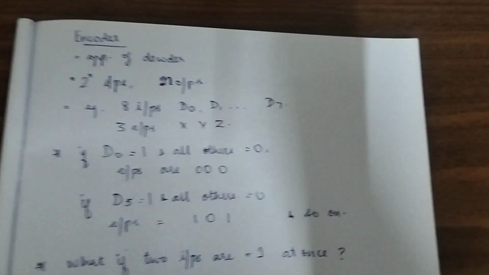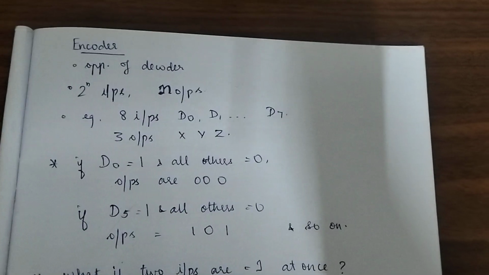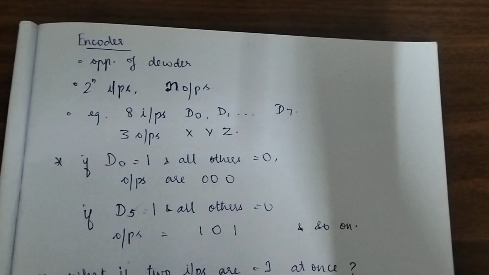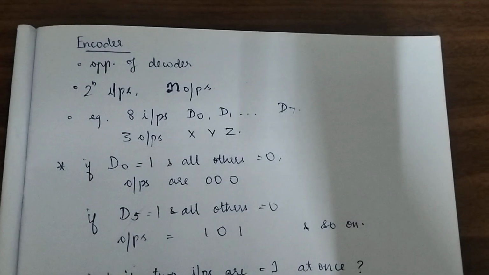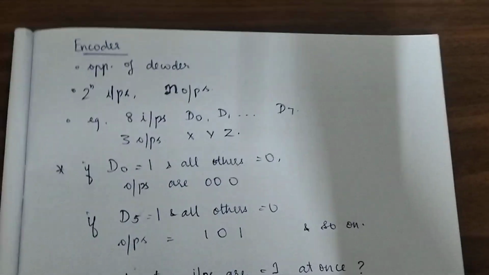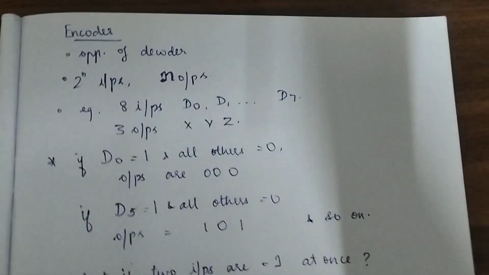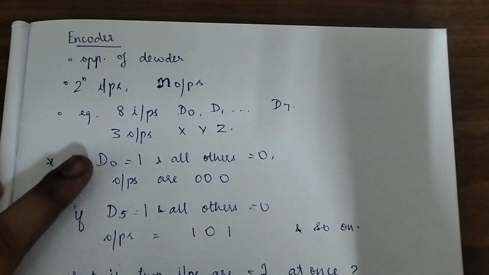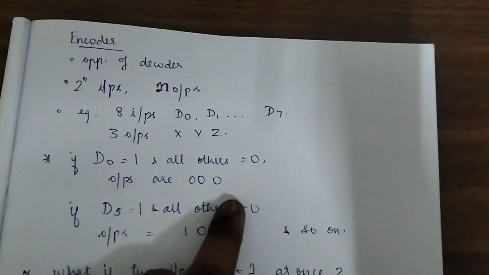Assuming that rule is always followed, meaning at any given time we do not have 2 or more inputs set to 1, at most one input is equal to 1. Here's how the encoder works. Corresponding to that input line which is set to 1, you will get the output.